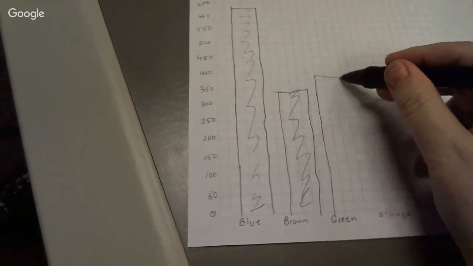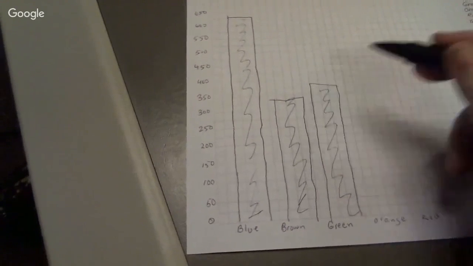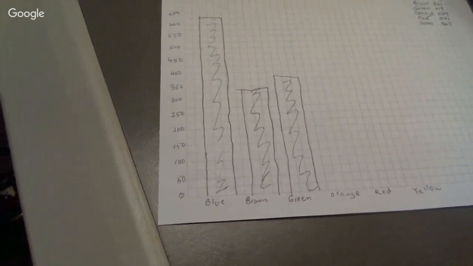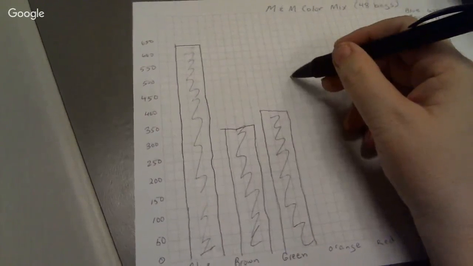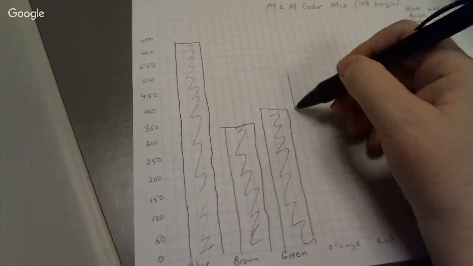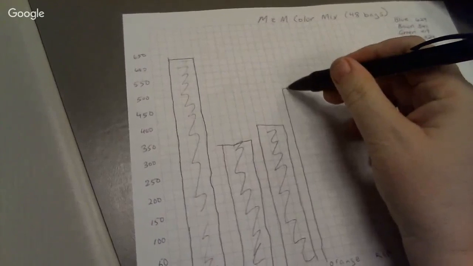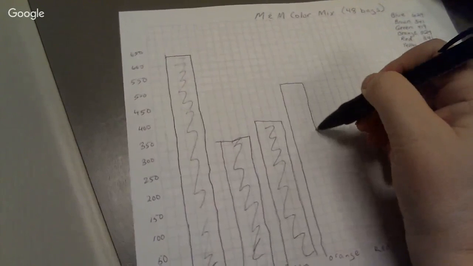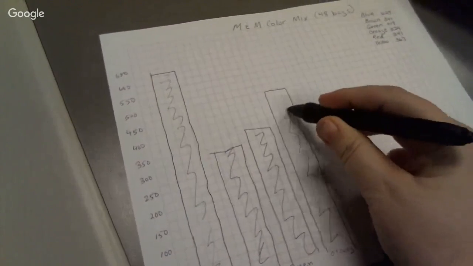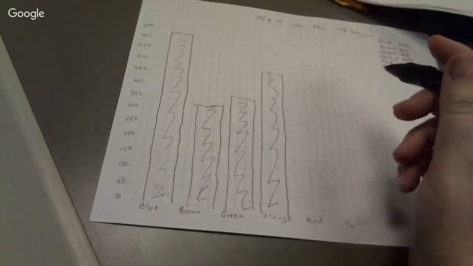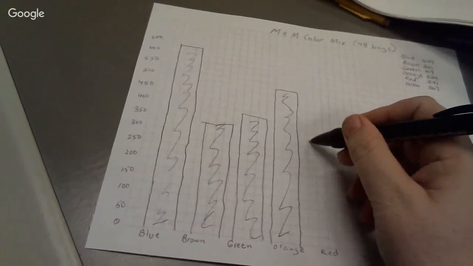Go 3 columns wide just for consistency. There's green. Orange is 524. So I'd say we were pretty close to coming right up to that line that marks off the 25s. So right just shy of there is my orange. Red is 341, so that's just shy of 350 again.